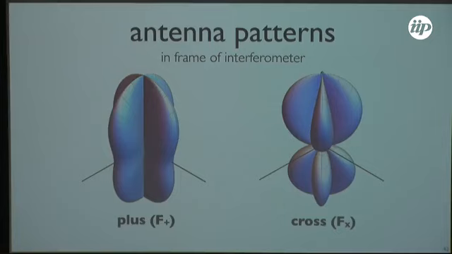So if you want to reconstruct the sky location of a source, you're going to need to either tease out this polarization content very well, or actually make use of the timing between the network of interferometers to triangulate where the signal came from, just like with microphones or your ears.